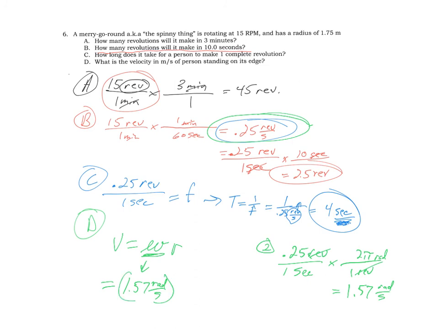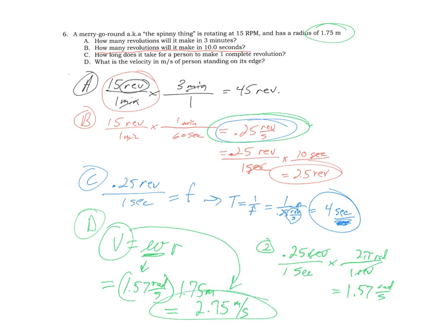I need to multiply that by my radius of 1.75 meters. And that's already in my calculator, so I'll multiply it by 1.75, and I get 2.75 meters per second. Why is it meters per second? Because it has to match linear velocity units, and that's what that is. Woo woo.